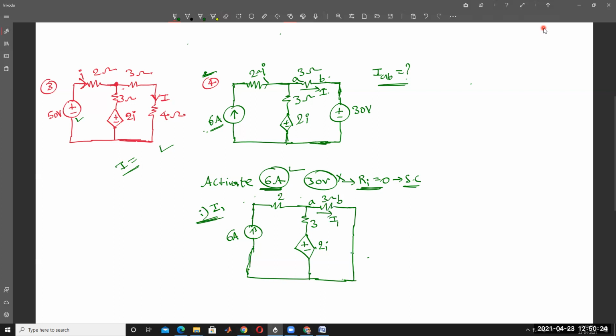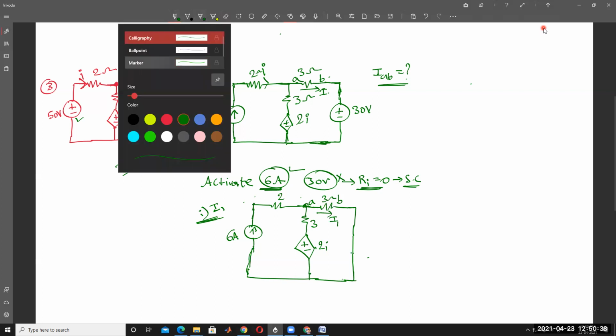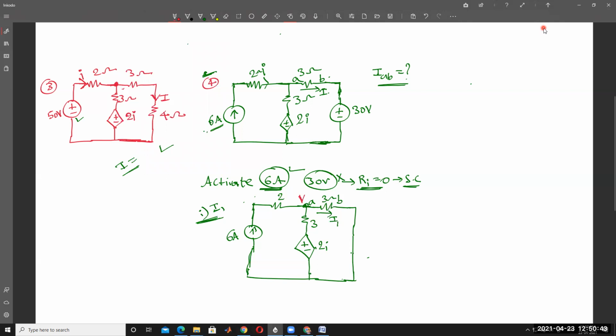Okay, consider finding I1. 6 amps current is entering like this. So assume V here, and find V by using nodal analysis. 6 amps current is entering the node, that's why minus 6, plus (V minus 2I) divided by 3, plus V divided by 3, is equal to 0.